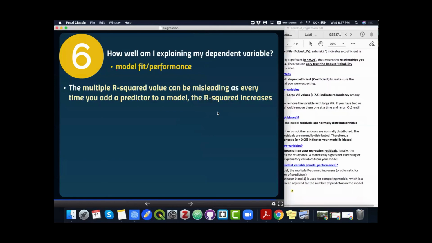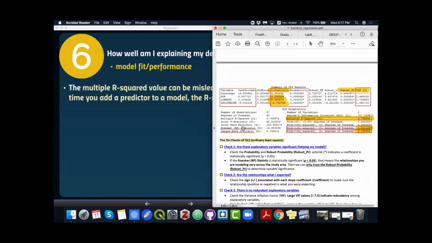So now let's talk about why we couldn't use multiple R-squared in this case. If you do some experiments, when you try to bring more variables into your multiple regression model, whenever you bring in one more or two more explanatory variables, you will see this multiple R-squared value will just keep increasing, no matter if your variable is relevant or not.